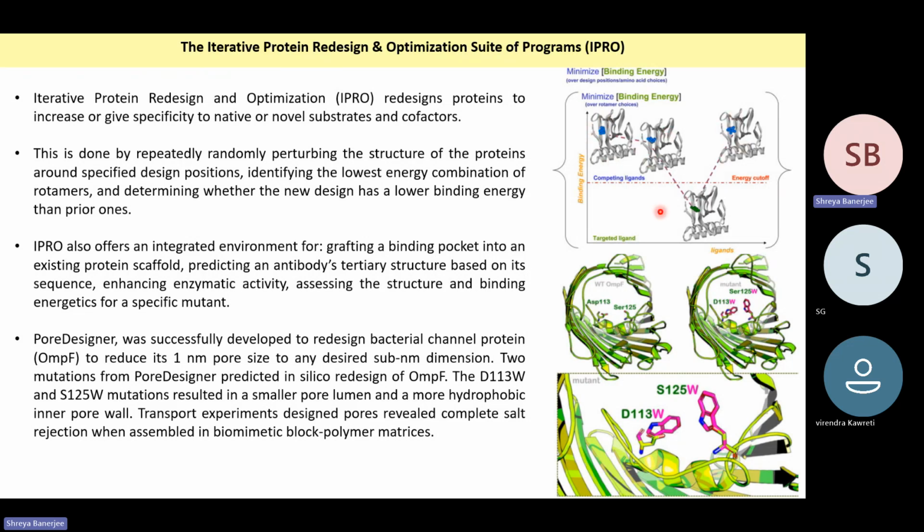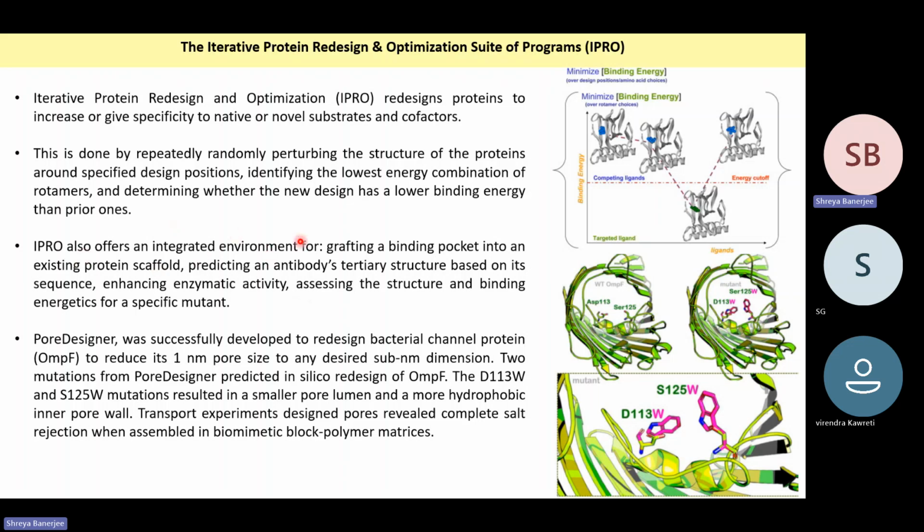Only then we can ensure that the mutated protein is specific to the targeted ligand and does not bind with any other competing ligands. So this is a program which will redesign the protein till it optimizes the mutated protein so that it has the highest binding affinity and specificity to the target ligand.